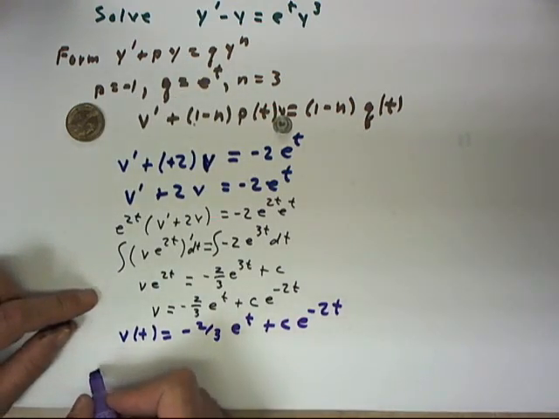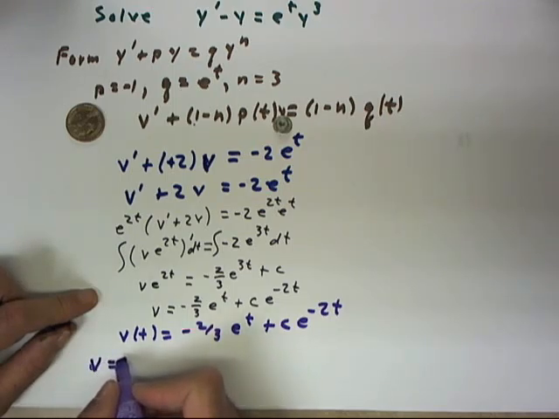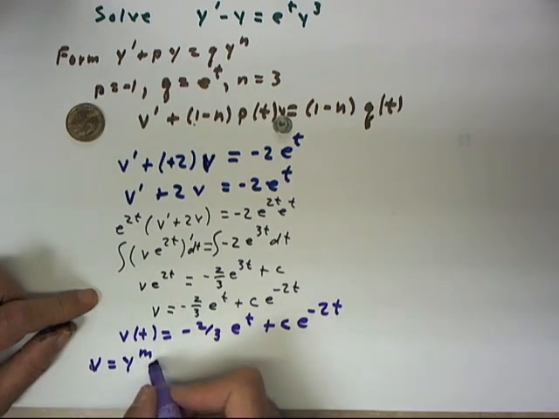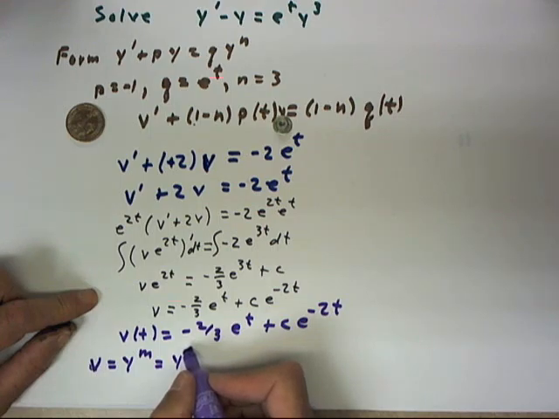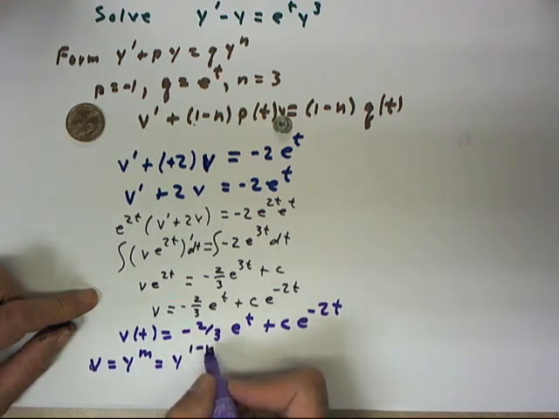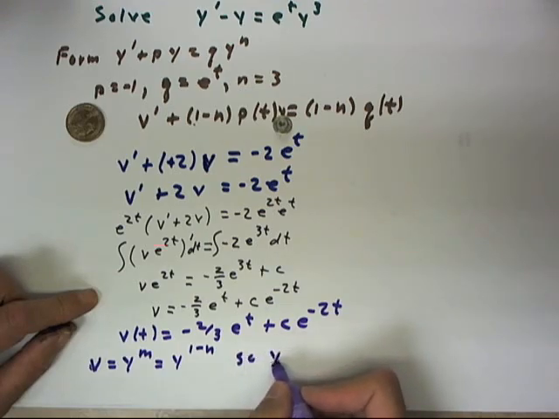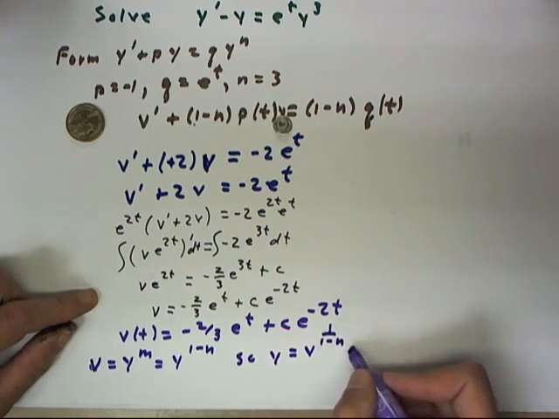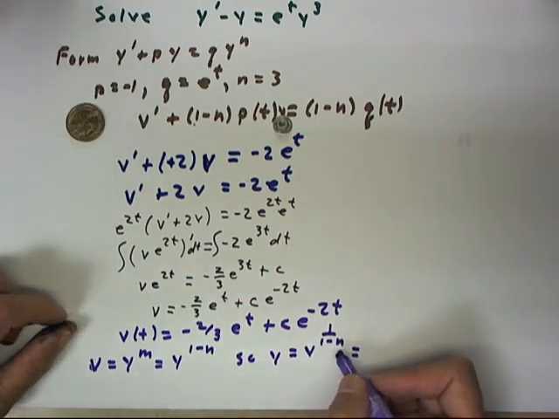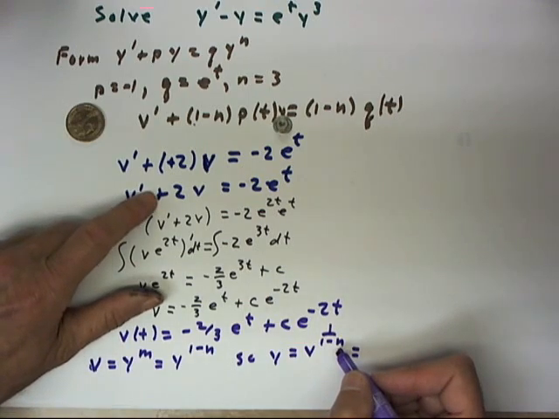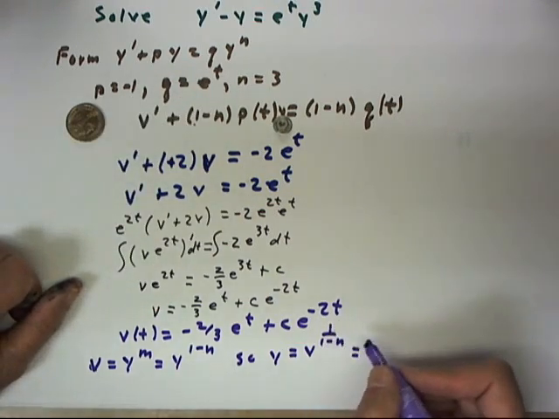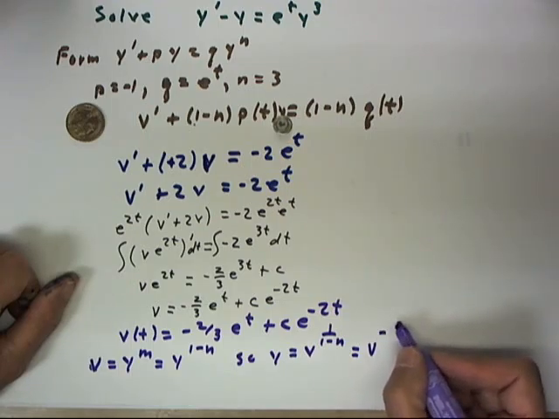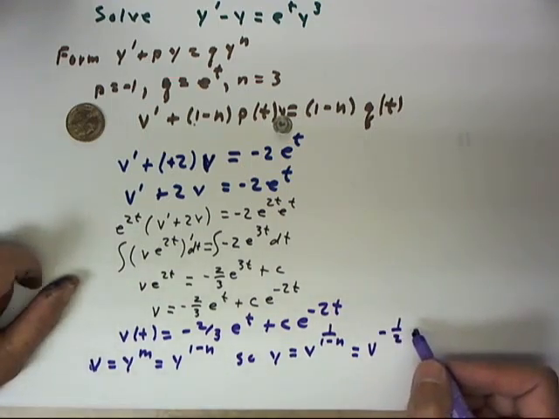In any case, v equals y to the m equals, in this case, y to the 1 minus n. So y equals v to the 1 over 1 minus n. And n equals 3, so that's v to the negative 1/2.